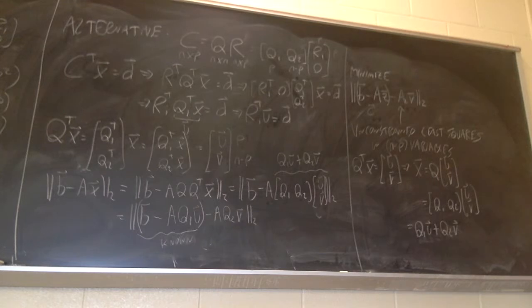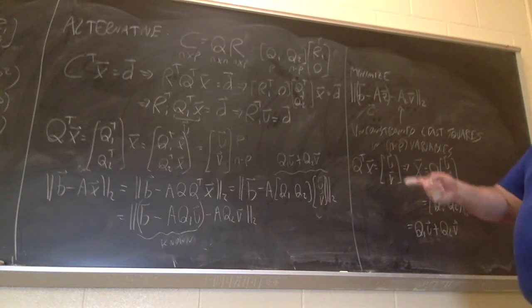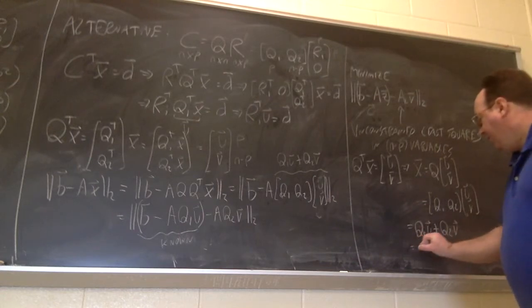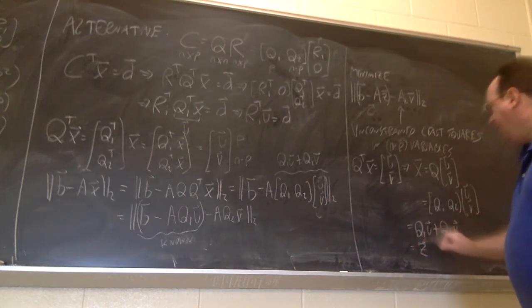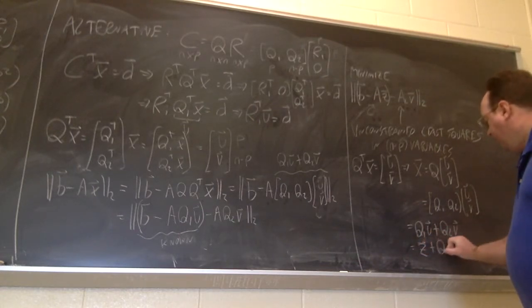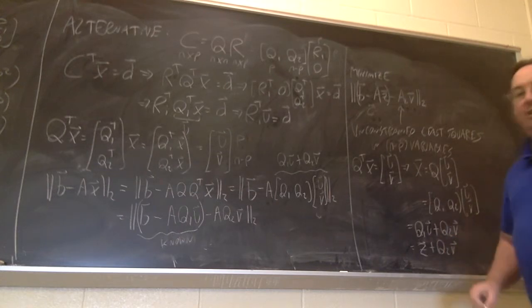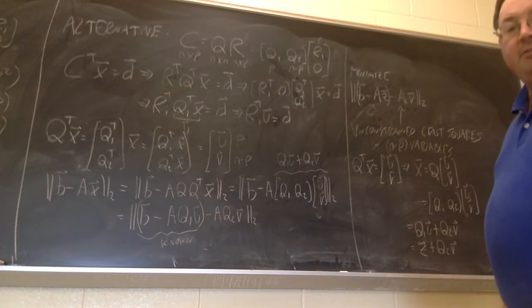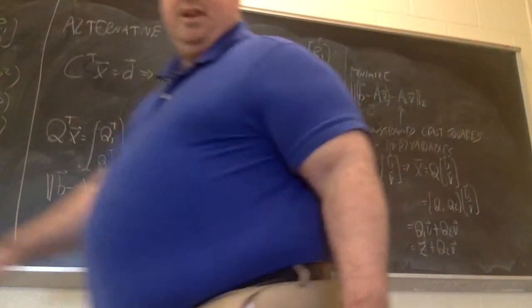But I know what Q1U is. I have that already. That's Z. So X is equal to Z plus Q2V. So now I can fill that in as my final step in my algorithm.